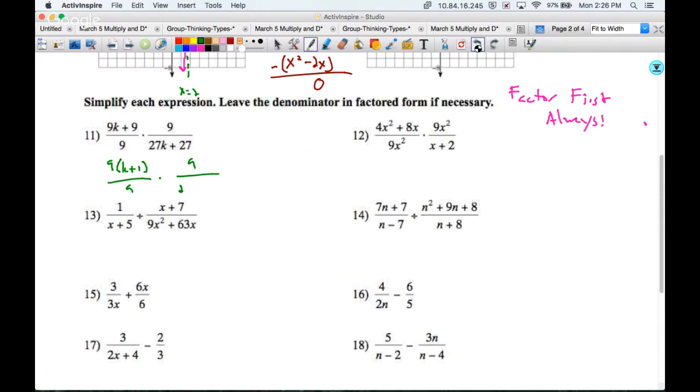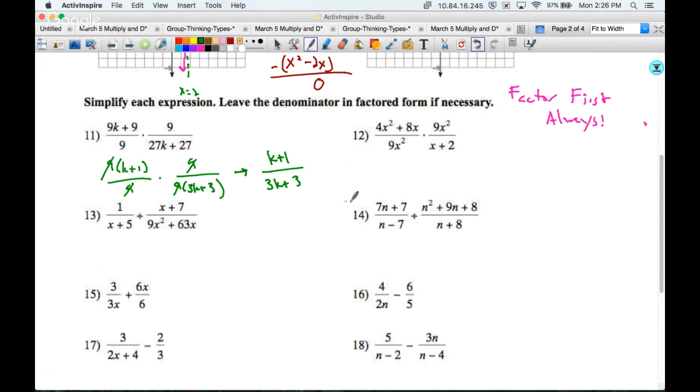Why don't I do that instead of pulling out the 27, make it 9 times 3k plus 3. And that way these 9s will cancel, these 9s will cancel. And what I'm left with is k plus 1 divided by 3k plus 3.